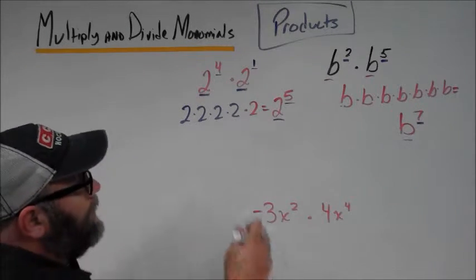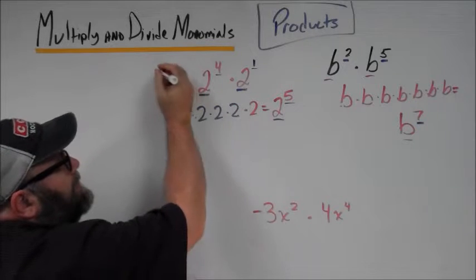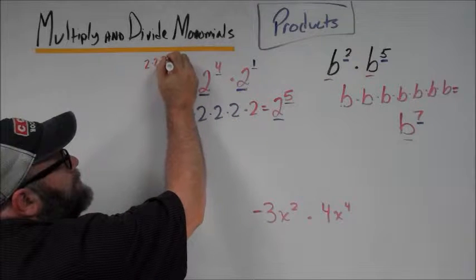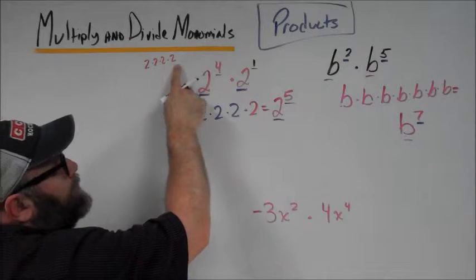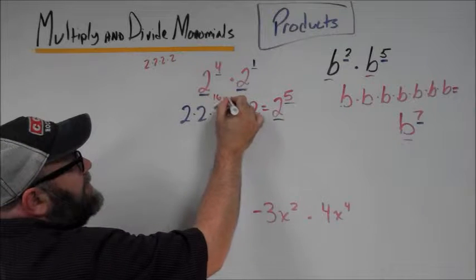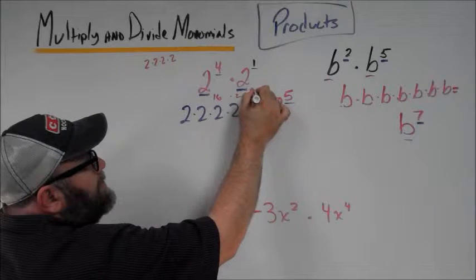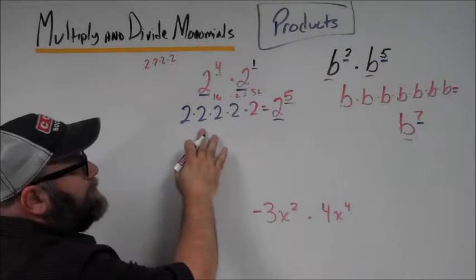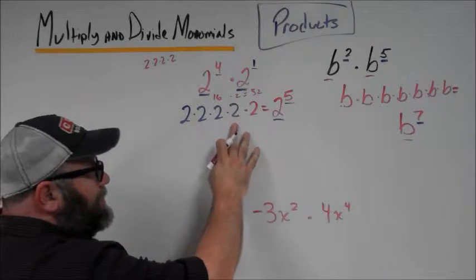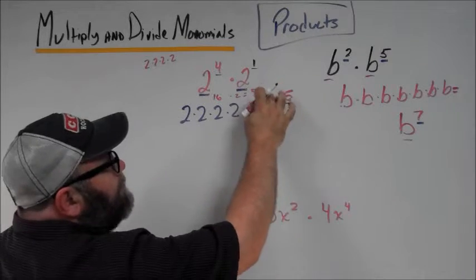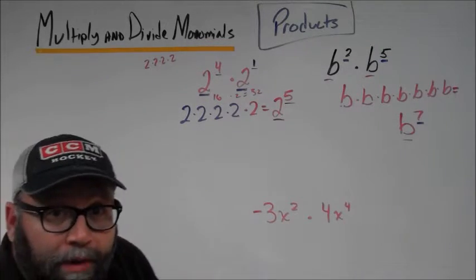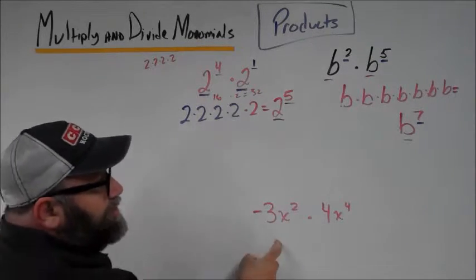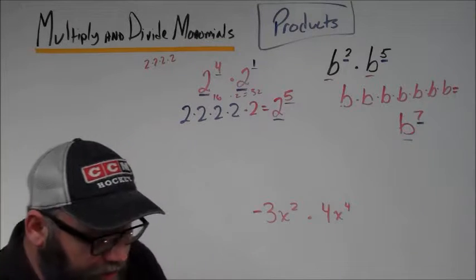So let's look at it here. 2 to the 4th is 2 times 2 times 2 times 2. 2 times 2 is 4. 4 times 4 is 16, times 2 is 32. 2 to the 5th is 2 times 2 is 4, times 2 is 8, times 2 is 16, times 2 is 32.